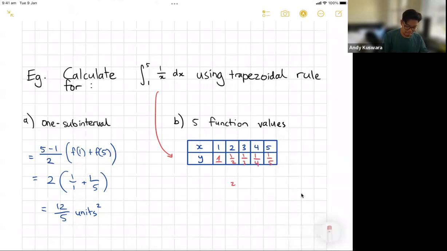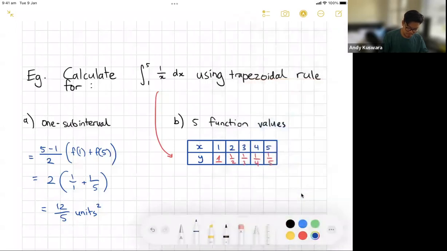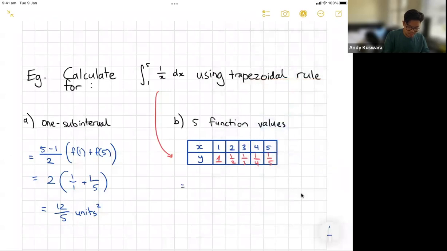Okay. Now, if you remember the formula, it goes a little bit something like this, and I'll use blue. The integration is going to become b minus a over n over 2, but I'm just going to write it as, what's the width of each trapezium? All right. The width is only going to be 1.